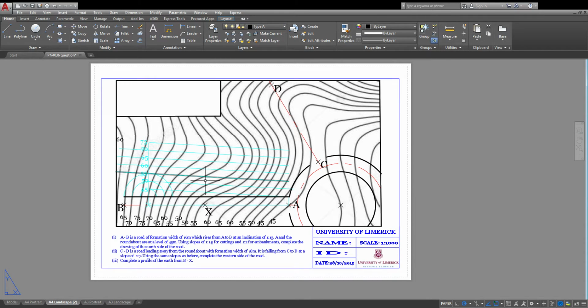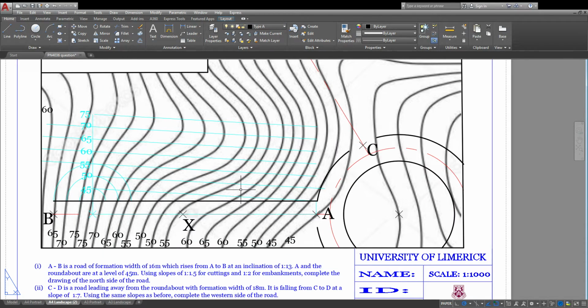Now, this seems like a lot to gather, but I'll explain it. We've come from A to this point here, 130 meters, or in this drawing 130 millimeters. We always work from the edge of the road, because that's where the cut or the embankment begins. This circle here is representative of a cone.